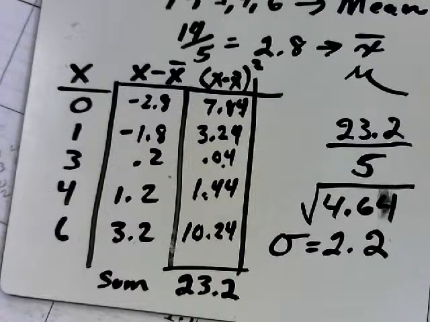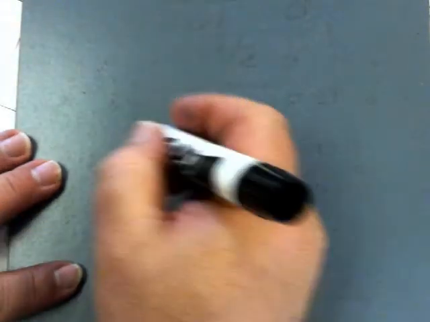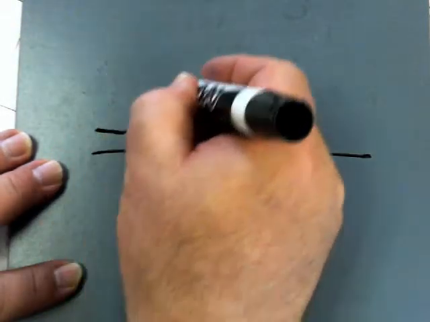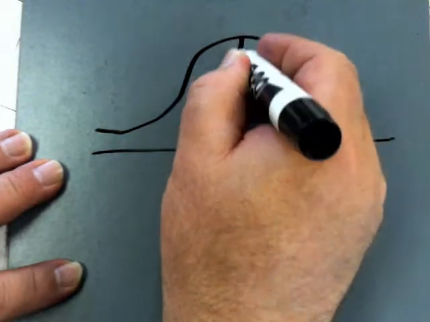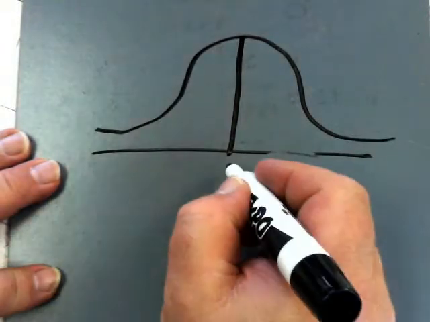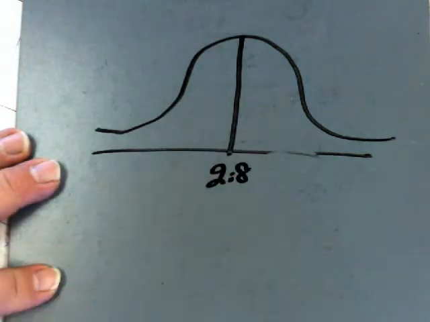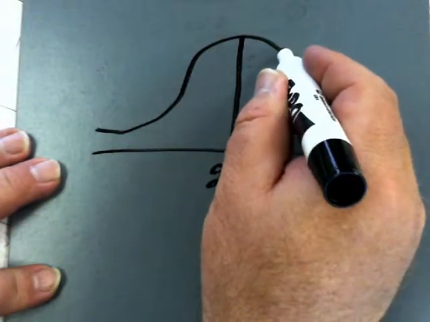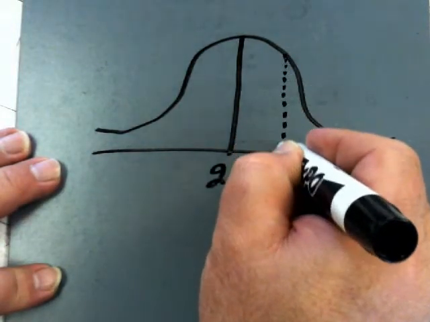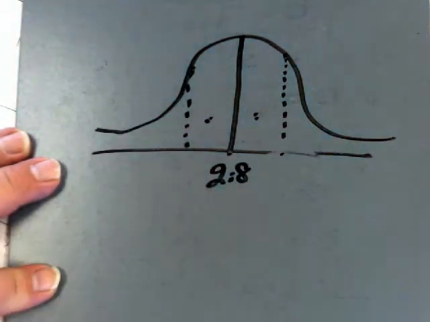Okay. Which means that if I had my normal curve from the data that I just did, what was my mean? It was 2.8, wasn't it? One standard deviation to the left and the right. And you remember what these percentages were? 34.